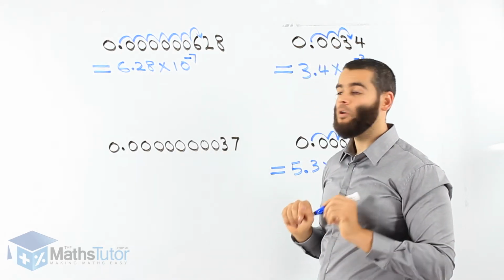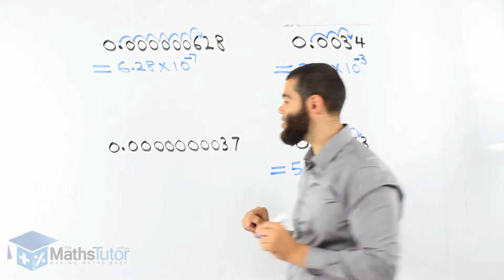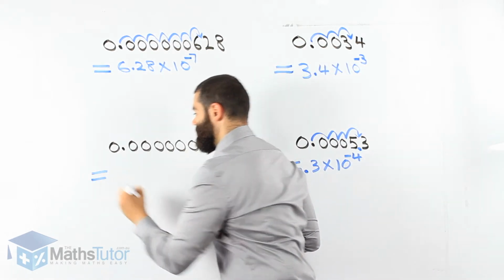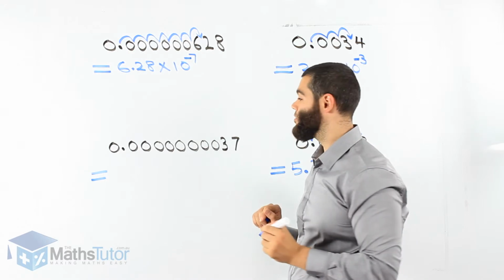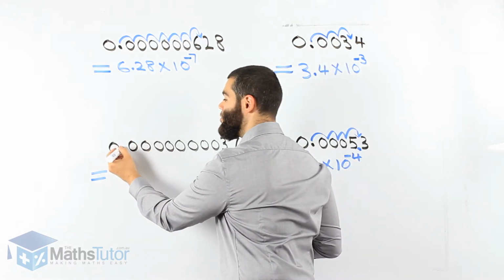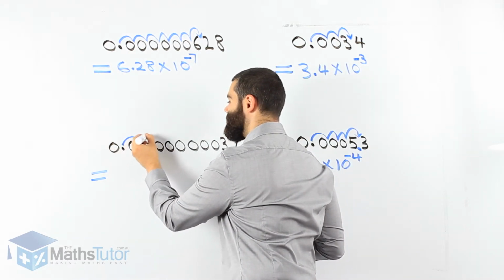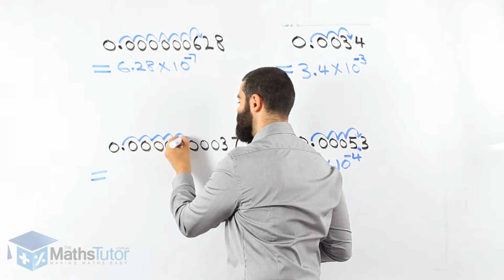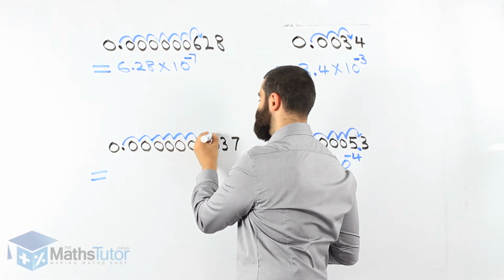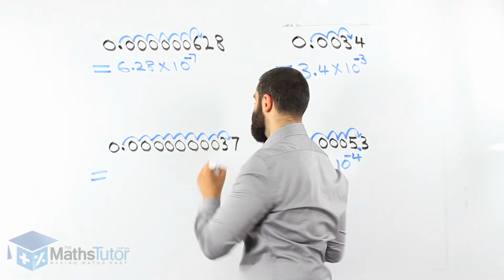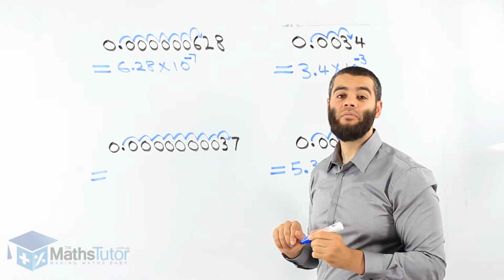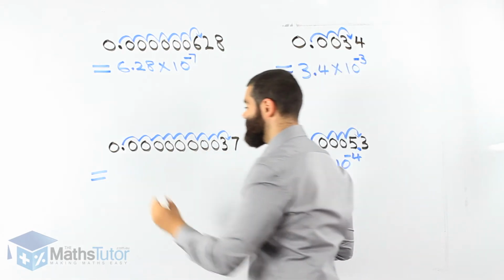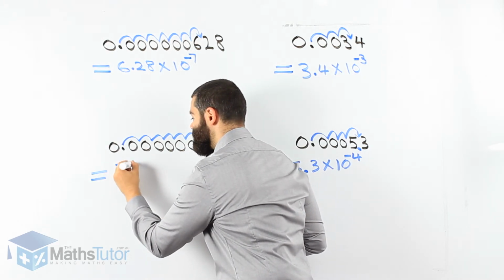0.00000000037. We want to write it in scientific notation. Follow this one and see if you can do it as well. We grab our point and we're going to move. 1, 2, 3, 4, 5, 6, 7, 8, 9. We're going to put it between the 3 and the 7 to make a number between 1 and 10. 3.7.